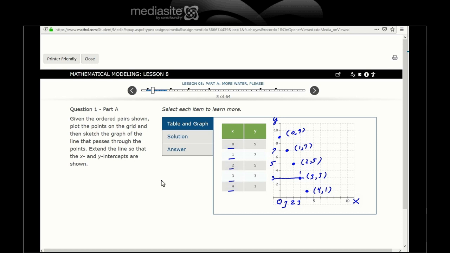Then we have to draw a line, or sketch a line, and basically connect the dots. And it looks like the dots all go in a straight line.